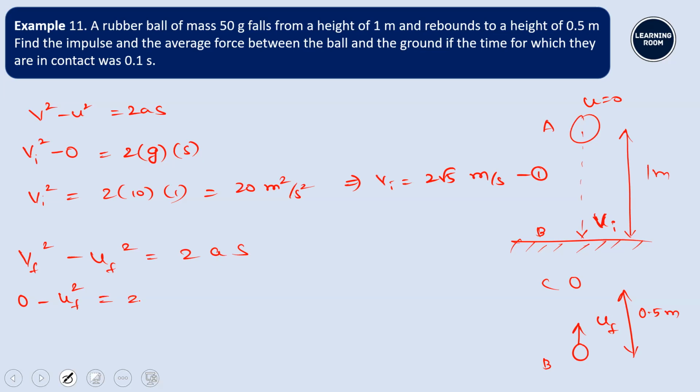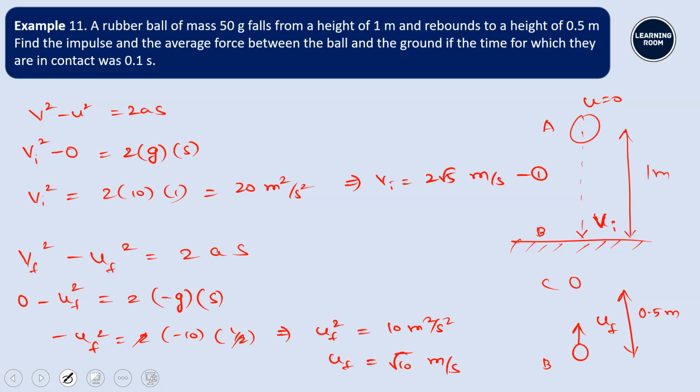So 0 minus uf square is equal to 2 into acceleration of the object, which is still in the downward direction, so minus g, into displacement of the object, which is in upward direction, so plus s, that is going to be 0.5. So minus uf square is equal to 2 into minus 10 into half. So 2 and 2 will get cancelled, which implies uf square is equal to 10 meter square per second square, or uf is going to be equal to root 10 meter per second.